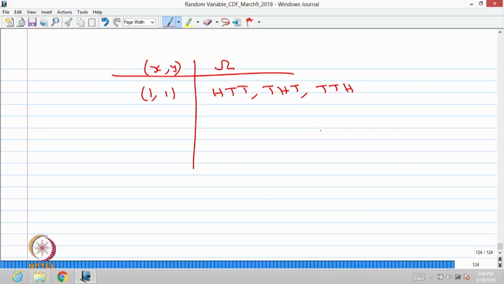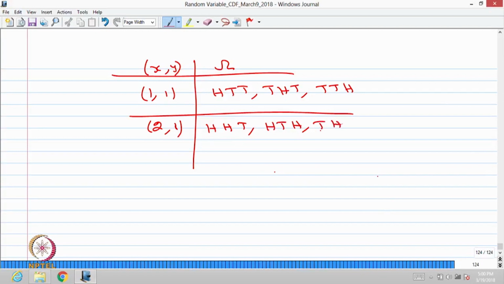All these three possibilities give the value of x comma y as 1 comma 1. Similarly, you can find the possible outcomes which give the values 2 comma 1. The number of heads is 2 and the absolute difference between the number of heads and tails is 1. Therefore, it is head, head, tail, head, tail, head, tail, head, head.